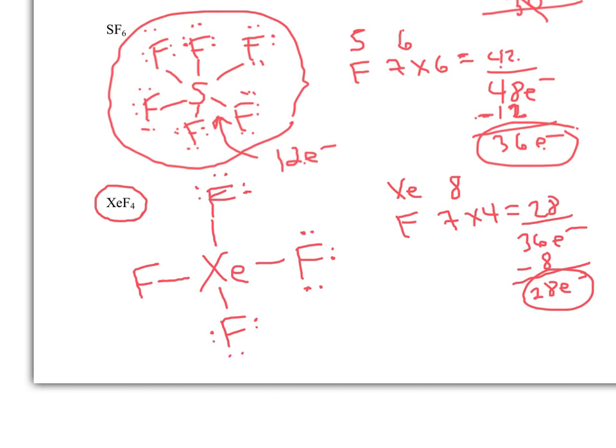Remember, you just always finish out the octets of the terminal atoms first. So all the fluorines made their octets. I gave them each an additional 6. But there were 4 of them, so that's an additional 24 electrons that I just now consumed. That leaves me then, this has never happened, after completing the octets, I still have electrons left over.